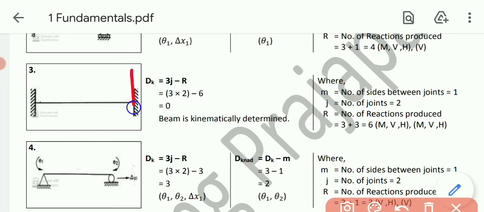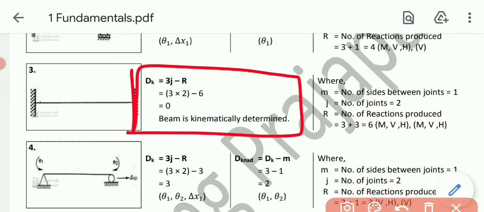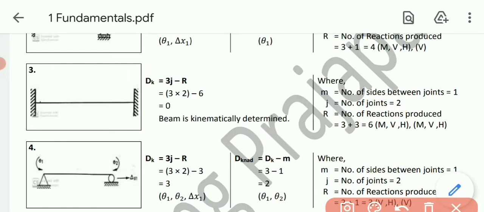So finally Dk is 3j minus r: 3 times j, that is 2, r is 6. 6 minus 6, answer 0. So the beam is kinematically determinate, so we cannot calculate Dk none because it is already determinate. And simple common sense, guys: as it is a fixed support, no displacement is allowed. The other end is also a fixed support, no displacement is allowed, so ultimately no displacement will be produced.